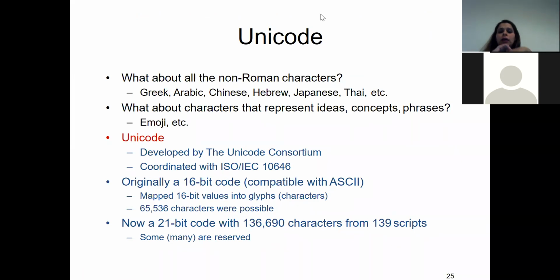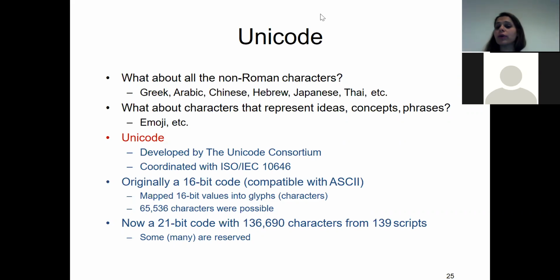Unicode covers non-Roman characters. It includes so many different languages: Greek, Arabic, Chinese, Hebrew, Japanese, Thai, Urdu, any language that comes to your head. Because you need to have a common code. Not all of us can speak English, and the machine needs to understand so many different languages and characters.